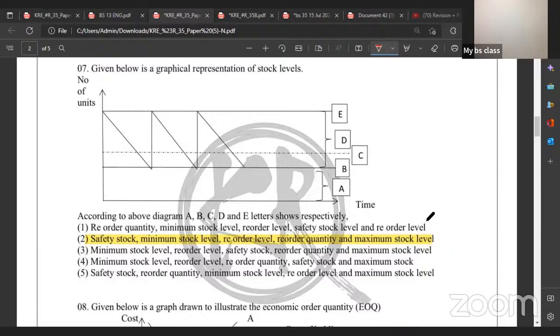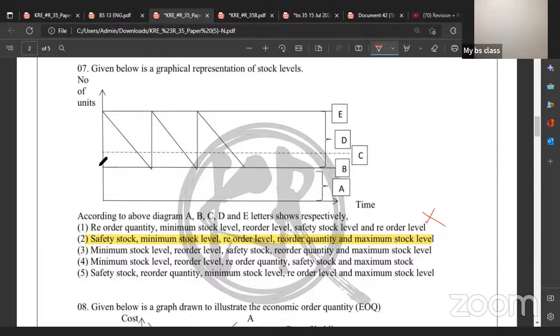Here we can remove all the other answers. I think the other three have the maximum stock level. So then the next one is A. A is your safety stock, and B is your minimum stock level.